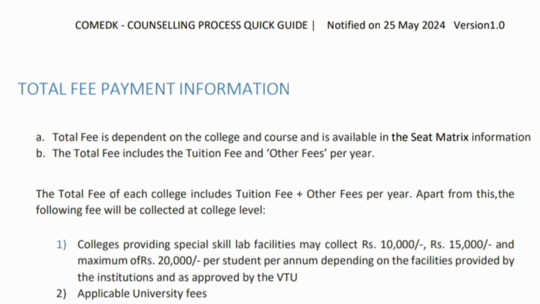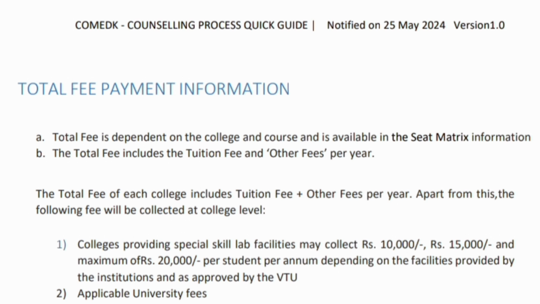If your college is medium level, they may charge 15,000 rupees per year. And colleges at the lower end, which want to keep the fees minimum so that students select them, will charge 10,000. So skill lab facility is charged in 3 different ways: 20,000 slab, 15,000 slab, 10,000 slab.